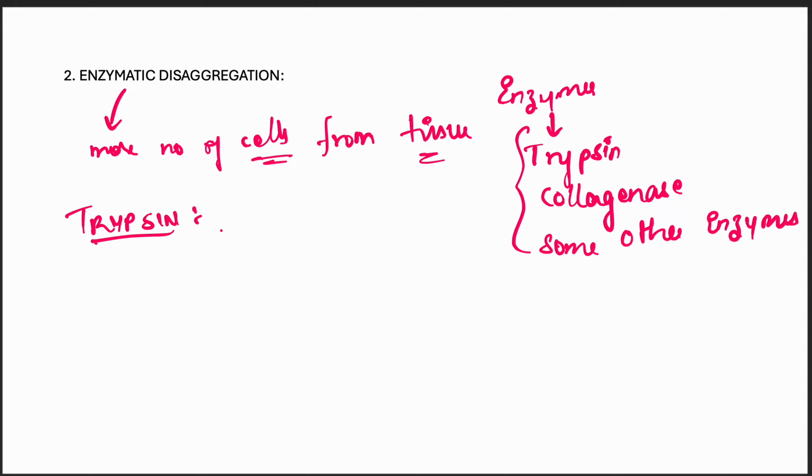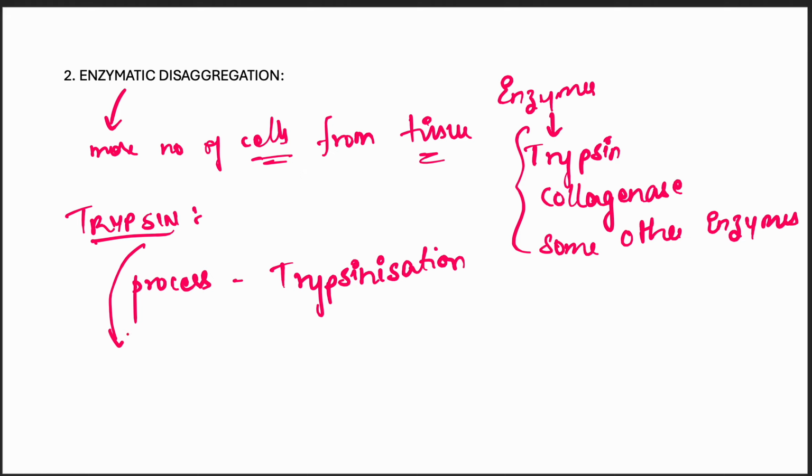The process of using this trypsin to break cells from the tissue, we call it trypsinization. Here, crude trypsin is preferred over pure, because crude contains some other proteases also which can easily break the cells.